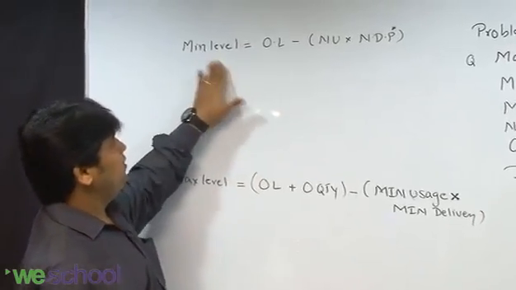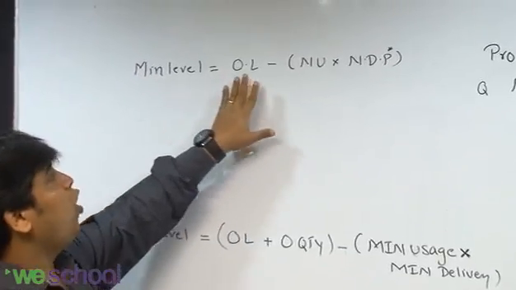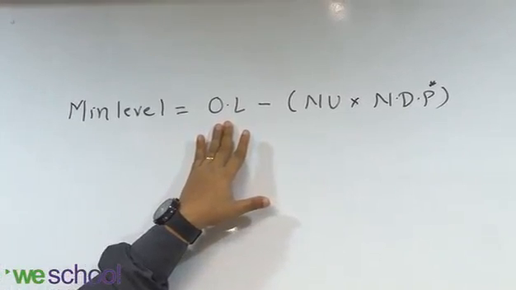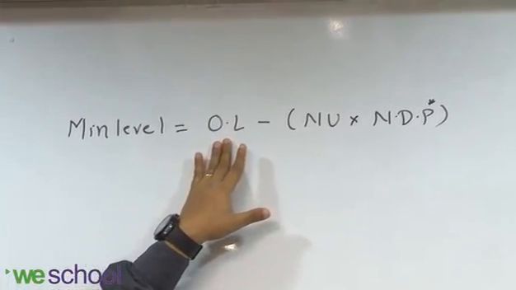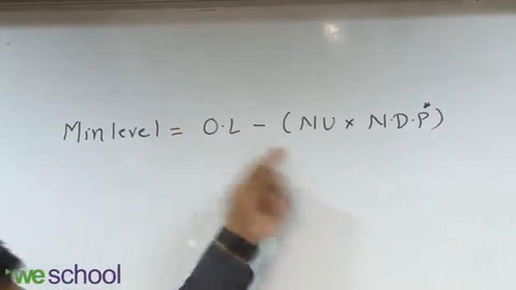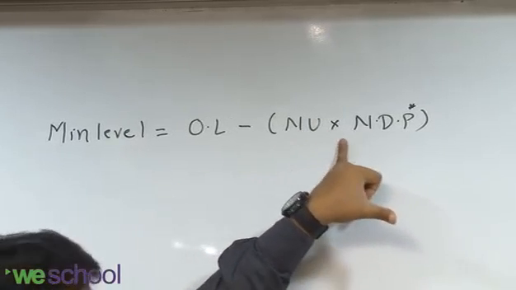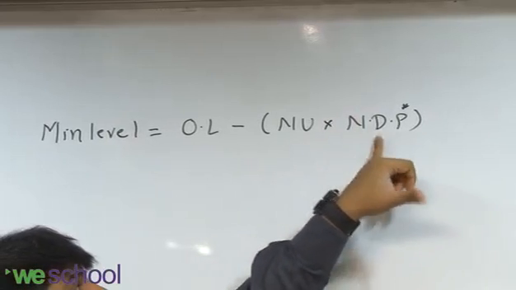Min level means minimum level, and OL means ordering level. Please write it down along with me and solve the sum along with me. Minimum level is ordering level minus normal usage into normal delivery period.